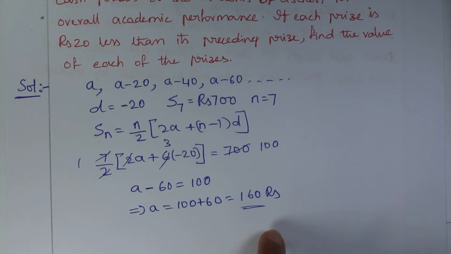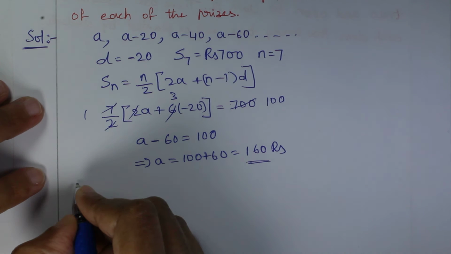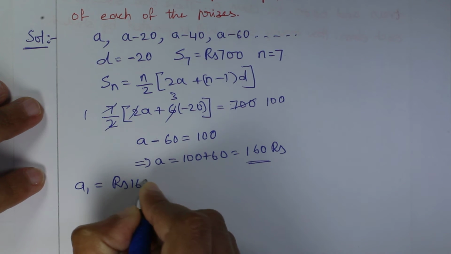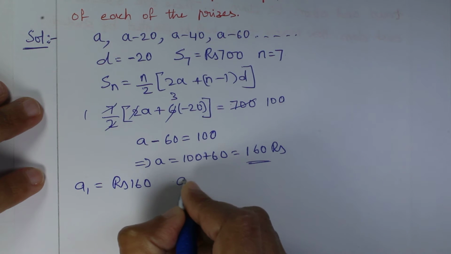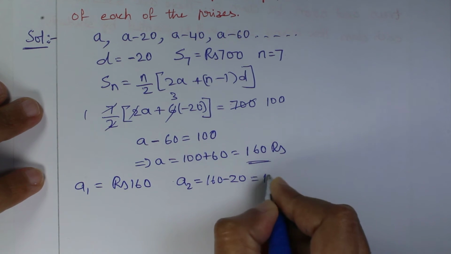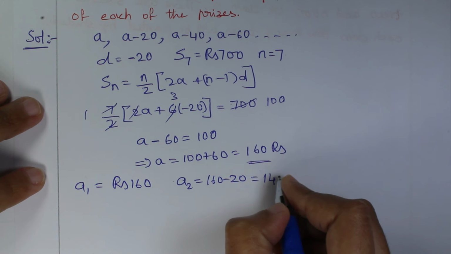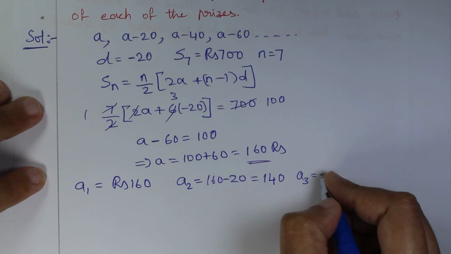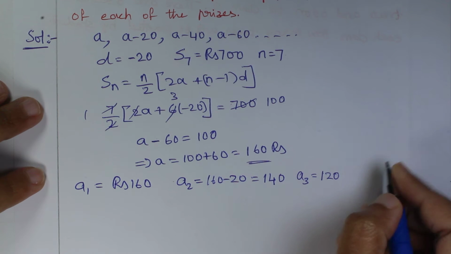Now each prize will reduce by 20 rupees, right? So A1, the first prize, is equal to rupees 160. A2 becomes 160 minus 20, that is equal to 140. A3 becomes 140 minus 20, that is equal to 120.